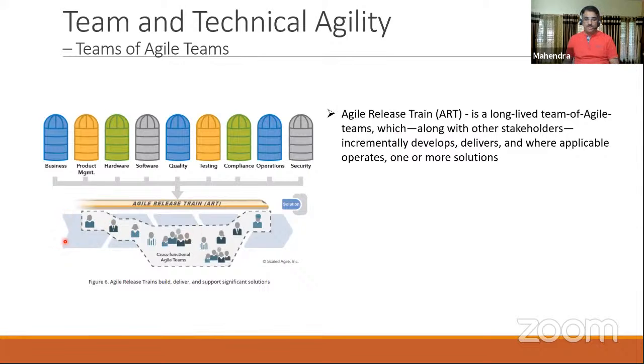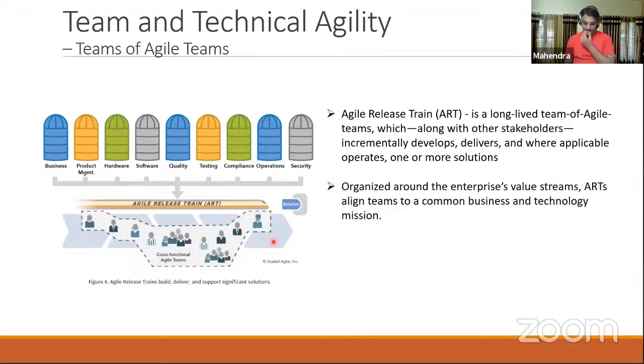The depiction here, with the blue color background, is a particular value stream. Taking the banking sector as an example, retail bank is a value stream, credit cards could be another value stream, or investment banking could be another. So the agile release train caters to a particular value stream, and it's organized around the value streams in the enterprise.